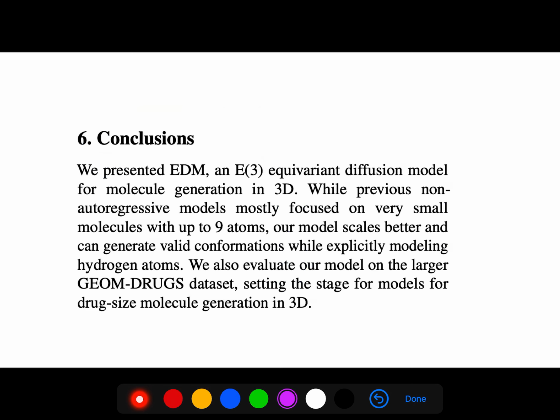So we present EDM, an E3 equivariant diffusion model. Previous autoregressive models are very slow in graph generation, one by one or group by group. For example, in paired, you want to do it group by group.